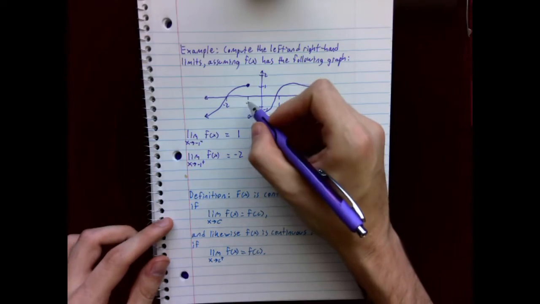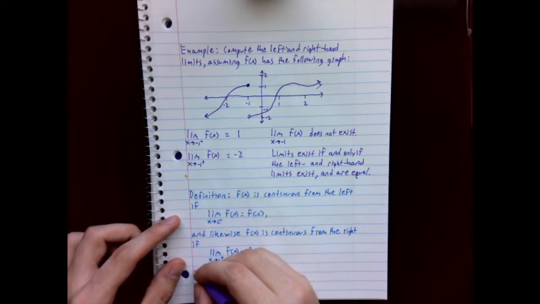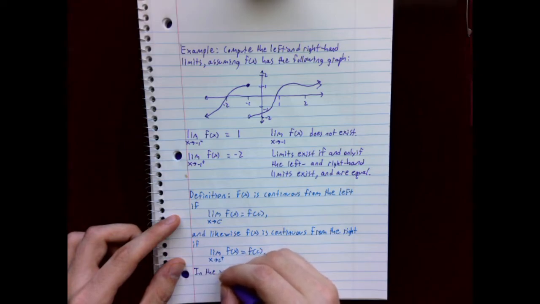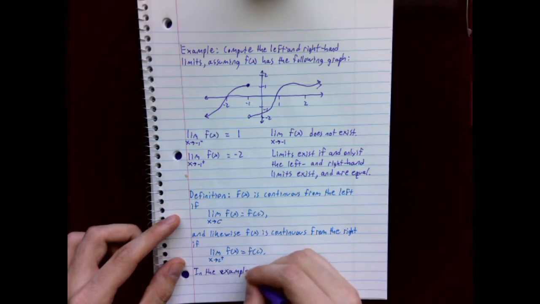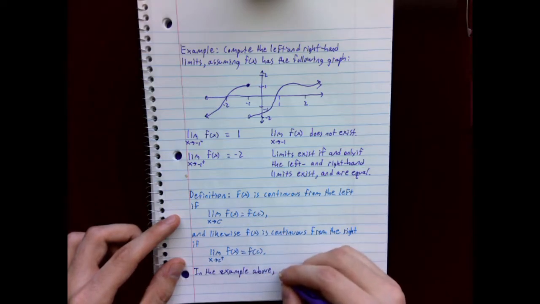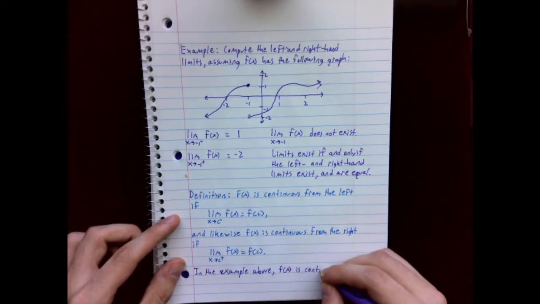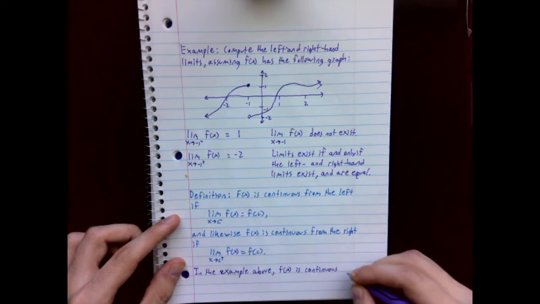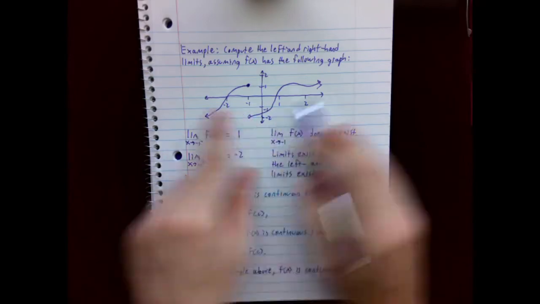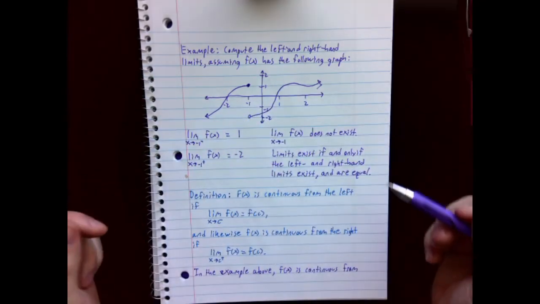So going back to our example above, f of x is continuous from, well, which direction? Well, it's continuous everywhere except at this -1 value.